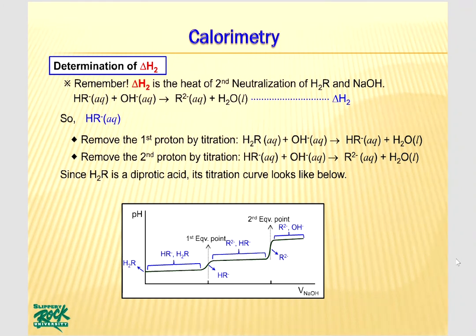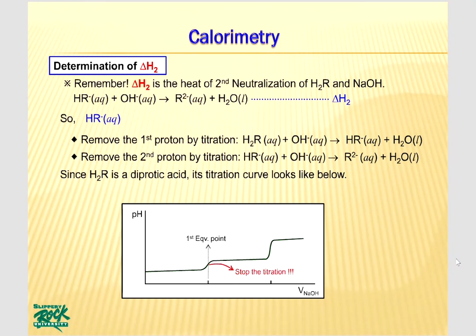You may understand by now why you have to stop the titration at the first equivalence point to incorporate only HR- ions into the reaction to determine heat of second neutralization of malonic acid. It is very important to stop the titration right at the first equivalence point.